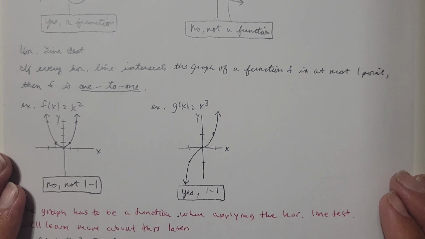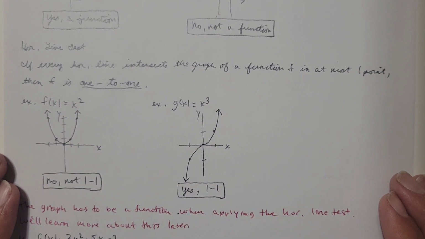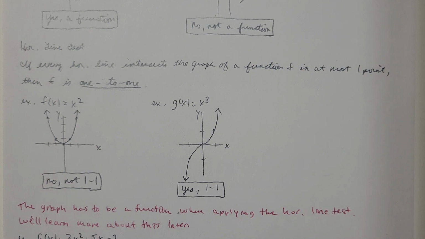And then we have what's called the horizontal line test. The horizontal line test is explained more in another section, when we talk about inverse functions. But it says if every horizontal line intersects the graph of a function in at most one point, then the graph is called one-to-one.